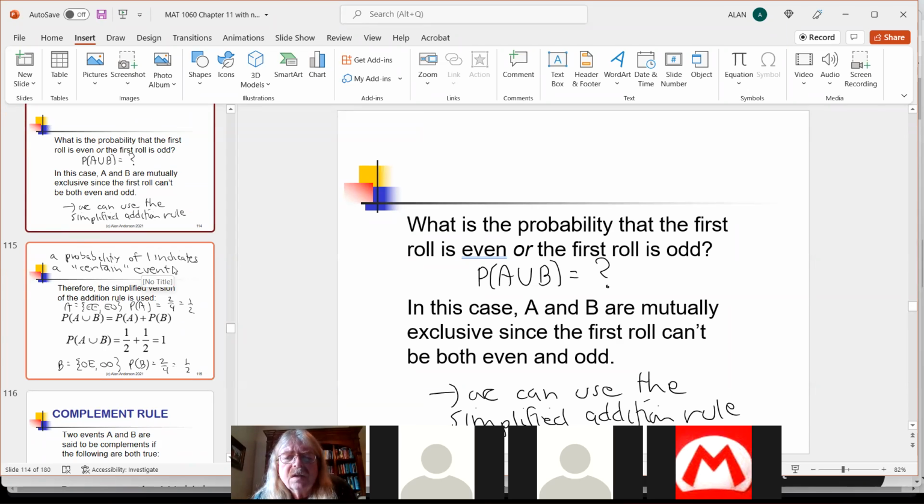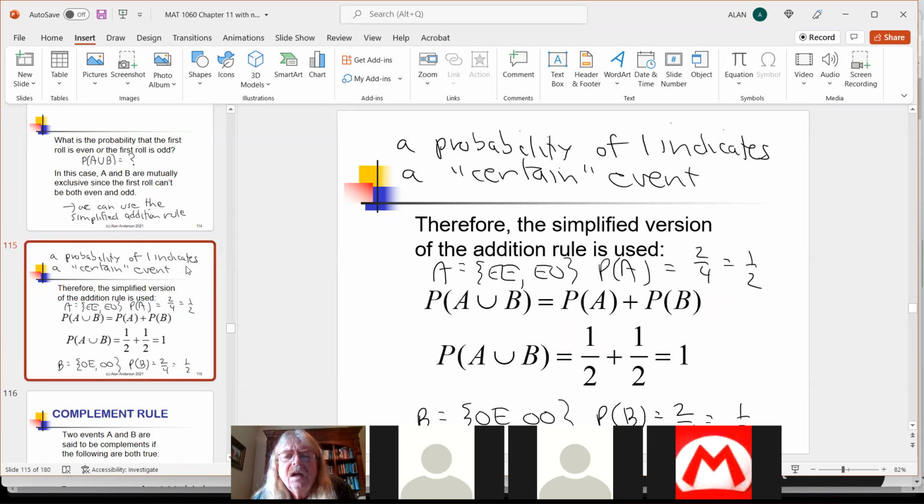All right, so let's jump ahead and start throwing in some numbers. Again, a probability of 1 means we have a certain event. A means EE and EO, which means its probability is a half. B is OE and OO, which means its probability is a half. And we add them up and we're all set.